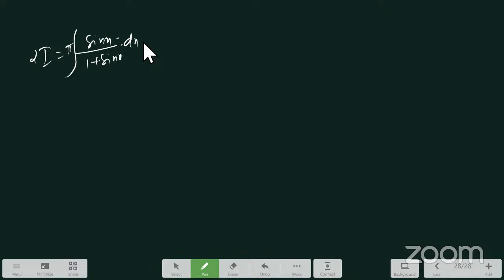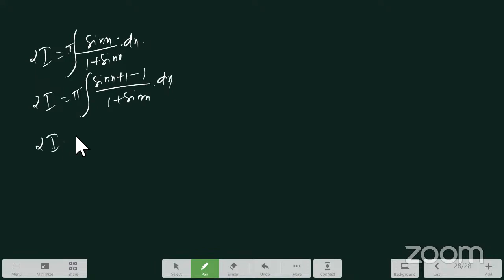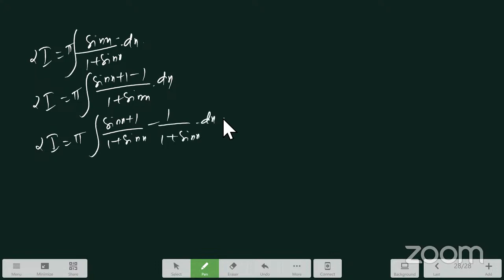Now I am going to see this manipulation. 2I is equal to pi sin x, add plus 1 and subtract 1. Why are we adding and subtracting 1 only? Based on the number I am having here in the denominator. Is it clear? So 2I is equal to pi, that is sin x plus 1 by 1 plus sin x minus 1 by 1 plus sin x dx.